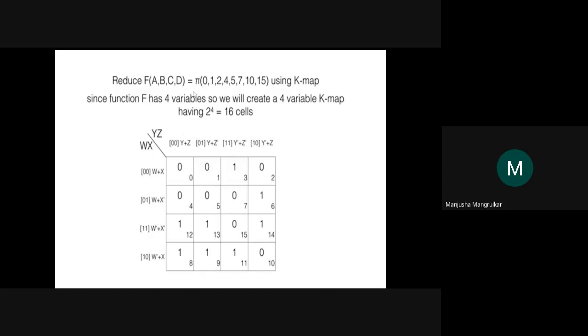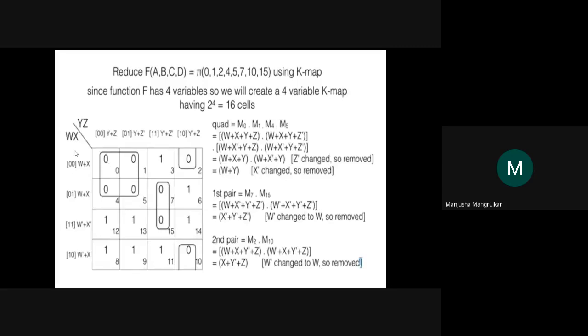So it reduces the function. We can see here the pair of 4 is w plus y. The pair of these two is x complement plus y plus z complement. The pair of this is x plus y complement plus z.